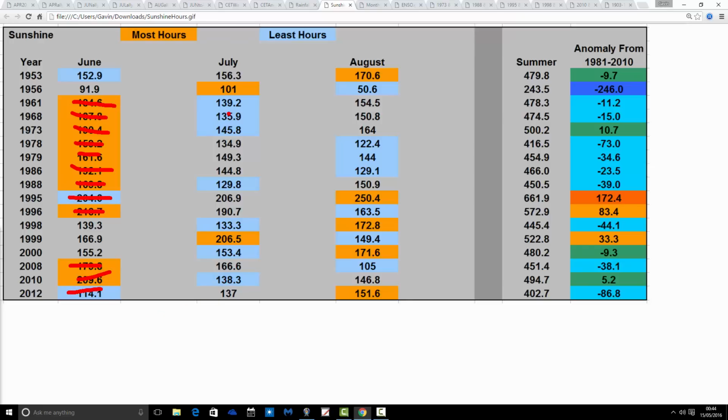Whereas July and August, it's much more of a mixed bag, and July particularly tends to be the worst in terms of sunshine hours, and sometimes that's true in August as well.